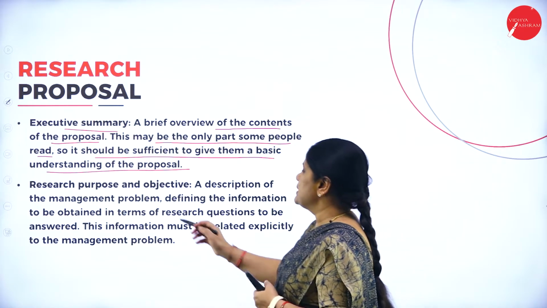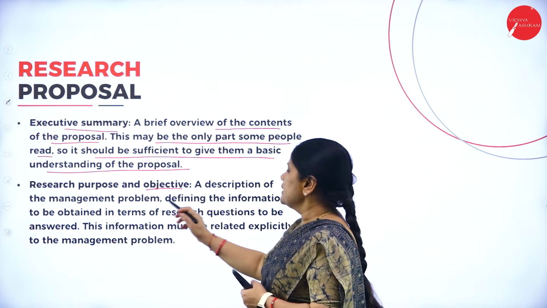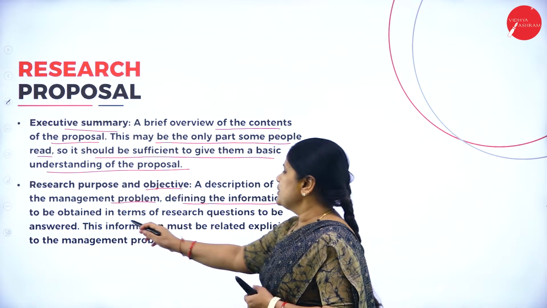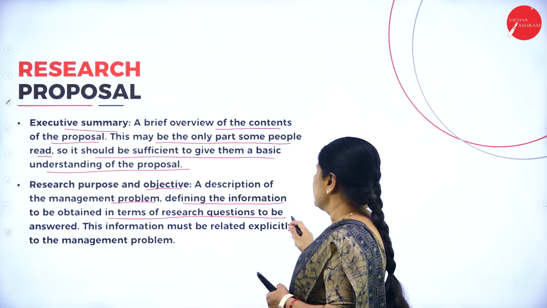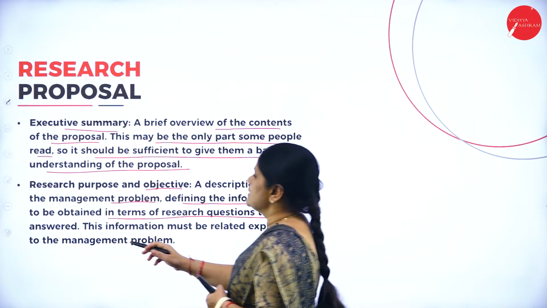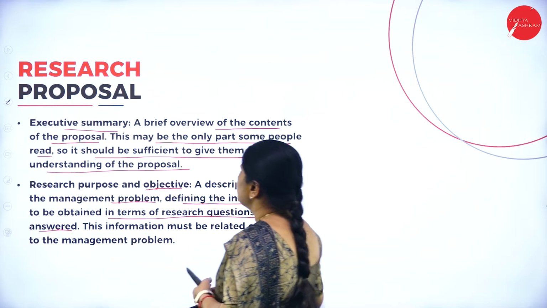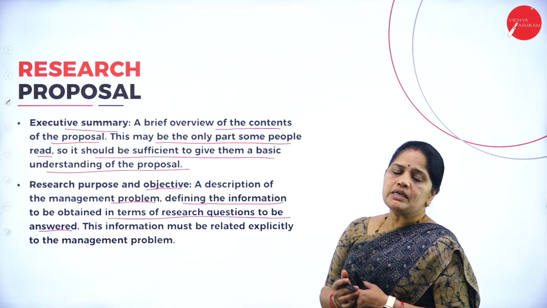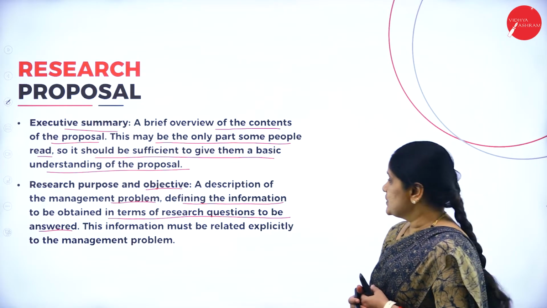Research purpose and objective, a description of the management problem, defining the information to be obtained in terms of research questions to be answered. So what is the research purpose and objective? A description of the management problem: what is the problem the management is facing?